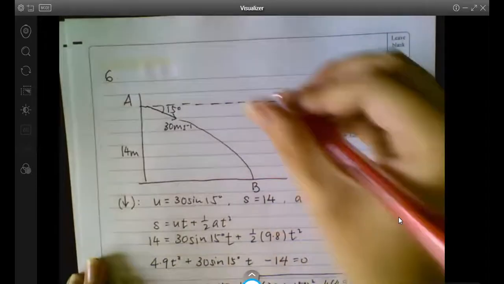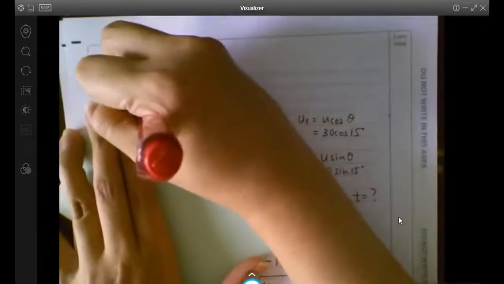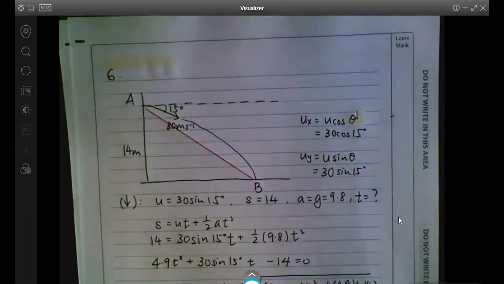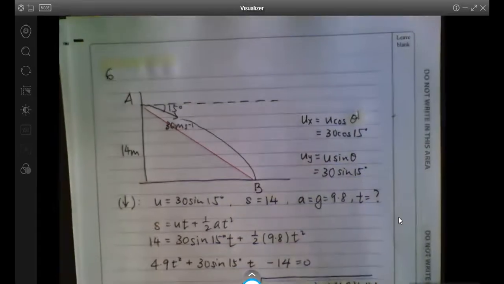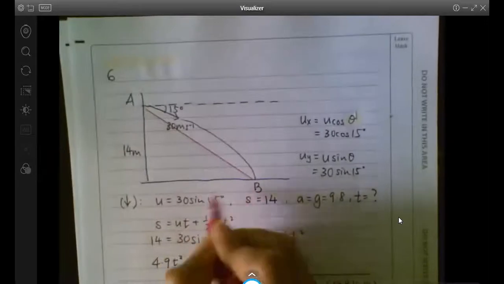So you need to know that we're asking for this distance. You get it? So you should be aware that we are likely to use Pythagoras theorem, and we need to find the horizontal distance traveled.